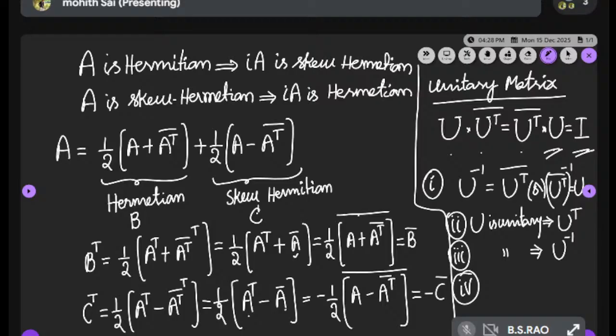Next, product of two unitary matrices. Product of two unitary matrices is also unitary.